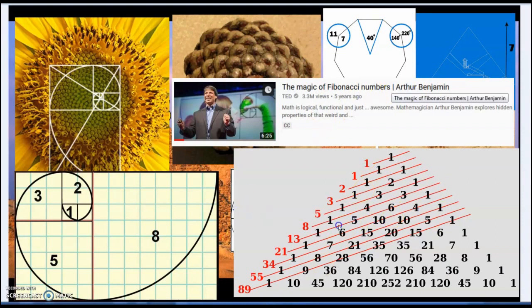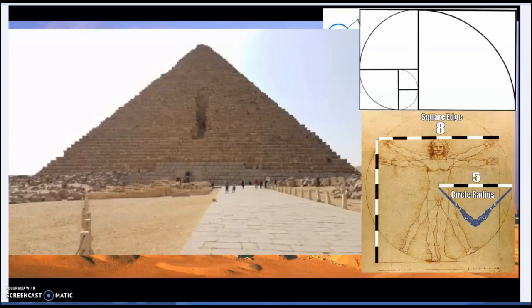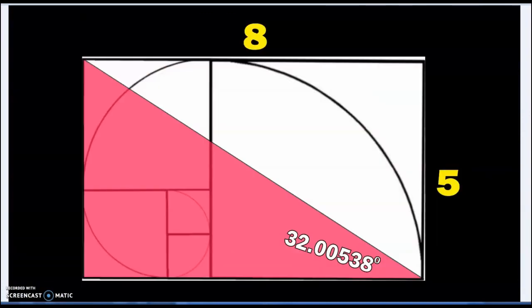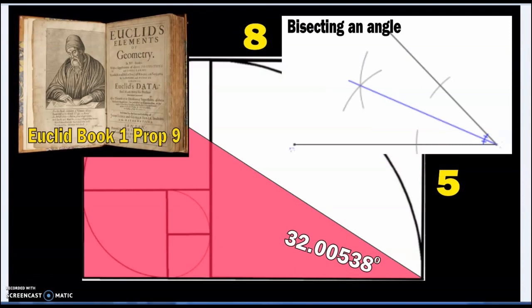He talks about so many features of these numbers that you can examine. You'll find them everywhere. They're even in the Mandelbrot set, and you can see them in Pascal's triangle. So there is, with Euclid Book 1, Proposition 9, bisecting an angle.